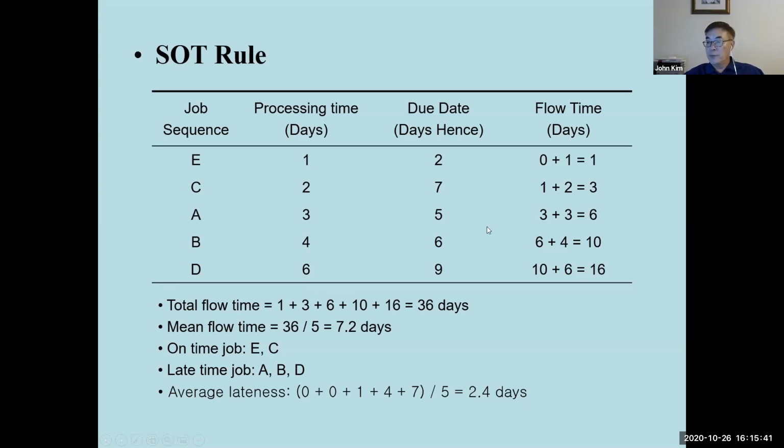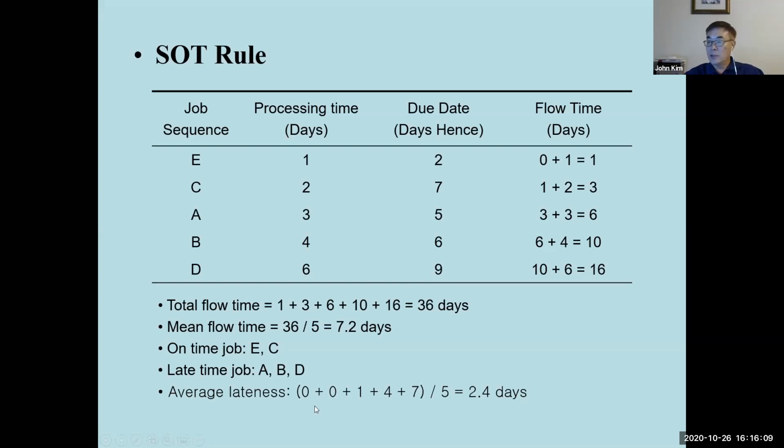So flow times 1, 3, 6, 10, 16, total flow time 36 days. Mean flow time 7.2. On-time jobs E and C. Due date is 2 days later. Completed in 1 day, meets due date. But the others are 1 day late, 4 days, and 7 days.